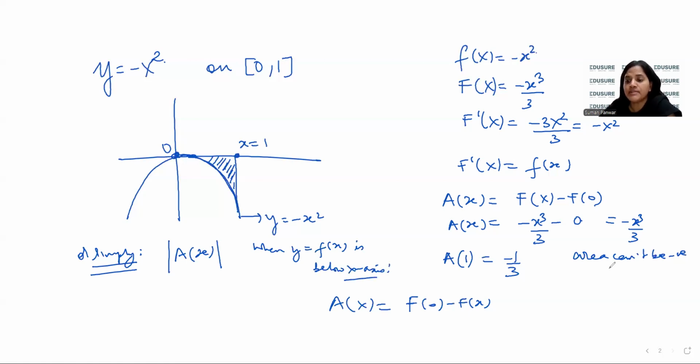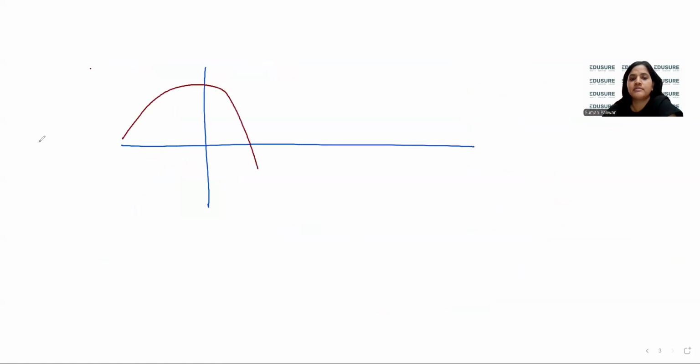And the same process is carried out when my curve is above and below the axis in the same diagram. Like, for example, if I have a situation like this, we can suppose this is my interval A1, A2, and this is A3, A4.